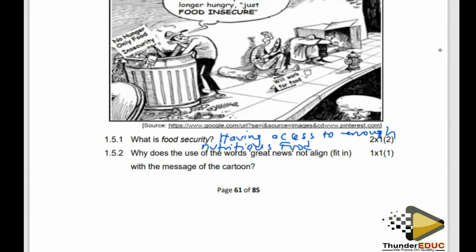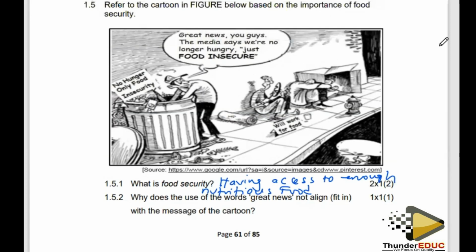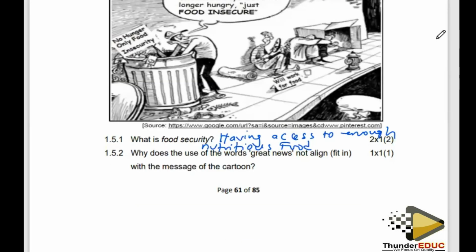Number 2, why does the use of the words good news not fit in or not align with the message of the cartoon? When you check the cartoon, people are already miserable.